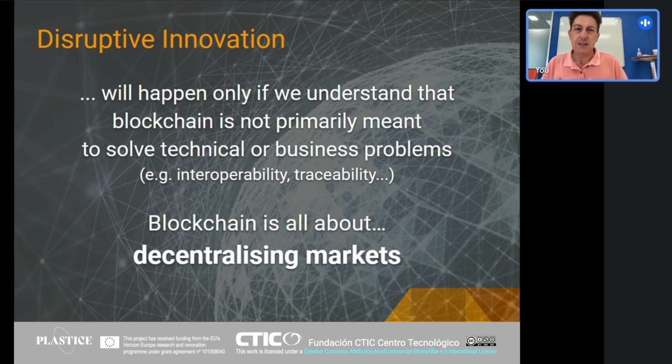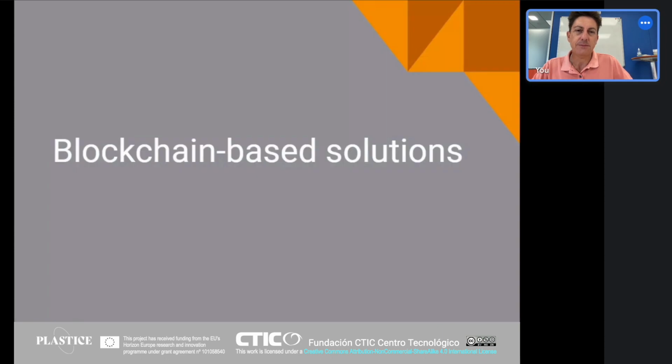You have to understand that blockchain is not primarily meant to solve technical or business problems, nor interoperability nor traceability. Blockchain is all about decentralizing markets. And now you will see this more clearly with some examples. Let's talk about blockchain-based solutions. That is what we are going to develop for PLASTICE.